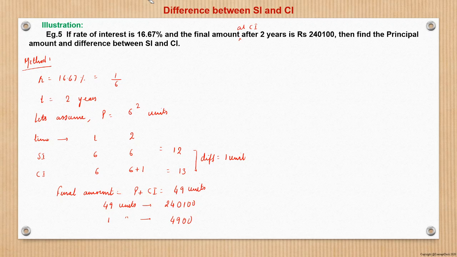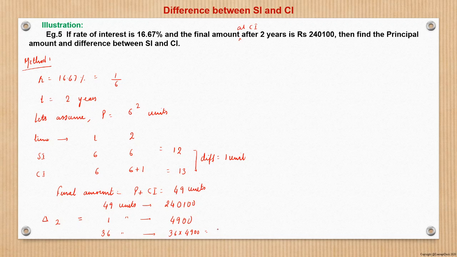So this we can write as delta 2 as 4900, and then we have to find the principal also. Principal is 36 units, so 36 units will be 36 into 4900.